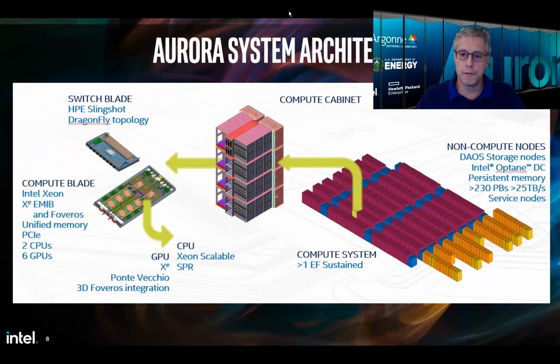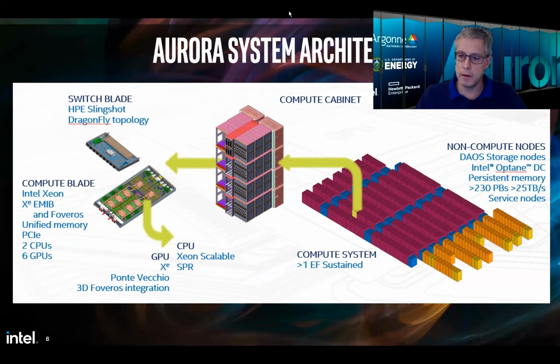So it will be 50x in simulation and modeling, 50x in AI, and 50x in big data and analytics. In addition to those large number of compute cabinets, we also have a significant amount of high-speed storage, and I have an architectural diagram of this coming up, but it is depicted by those orange racks that you see on the right of the figure.